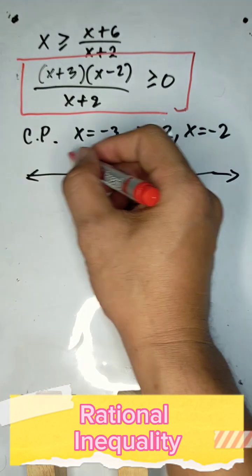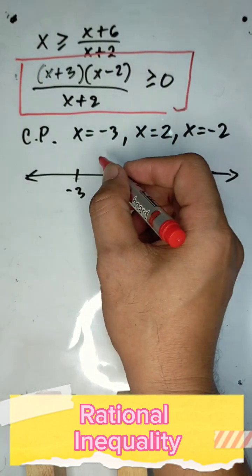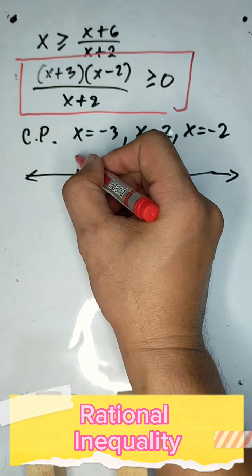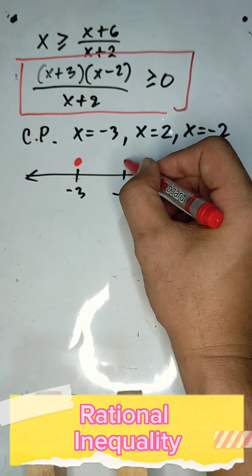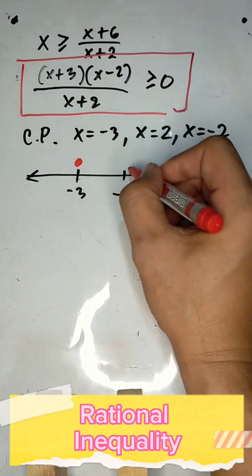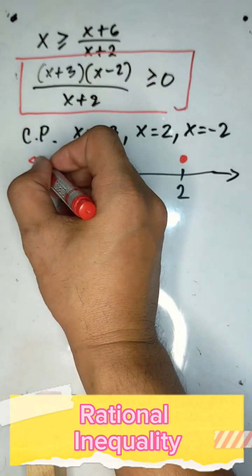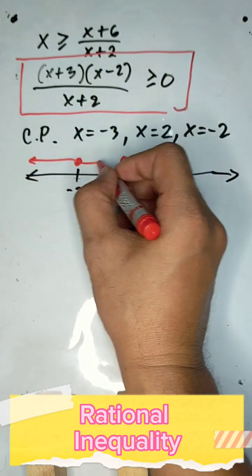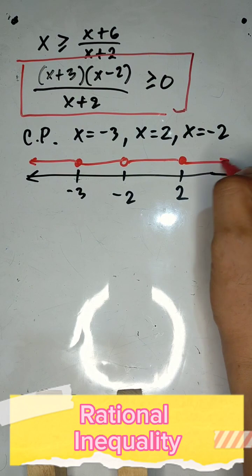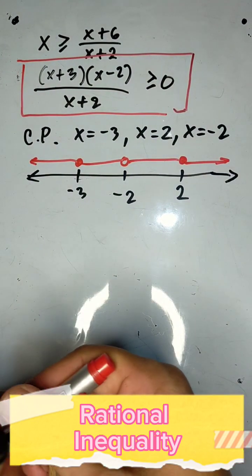Let's draw the intervals first so that we can sort it out already. So negative 3 is at the numerator, that's included. 2 is at the numerator, so that's included. Negative 2 is not, because it's at the denominator. So that's from negative infinity to negative 3. There you go. Okay, these are our whole set of intervals.